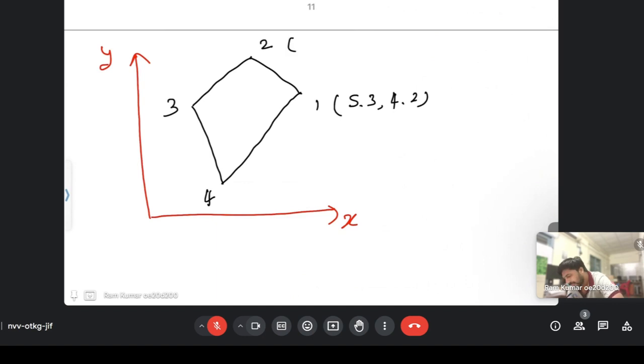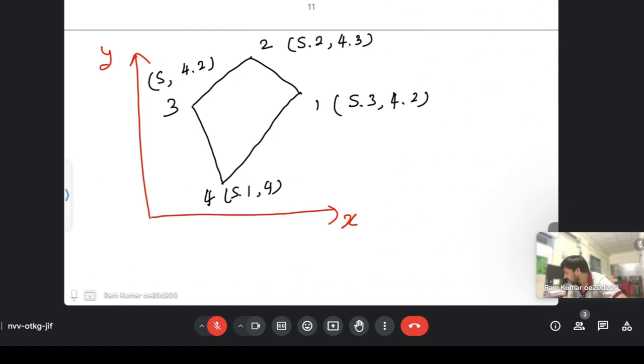Node 2 has 5.2, 2.3. Node 3 has 5, 4.2. Node 4 has 5.1, 4.